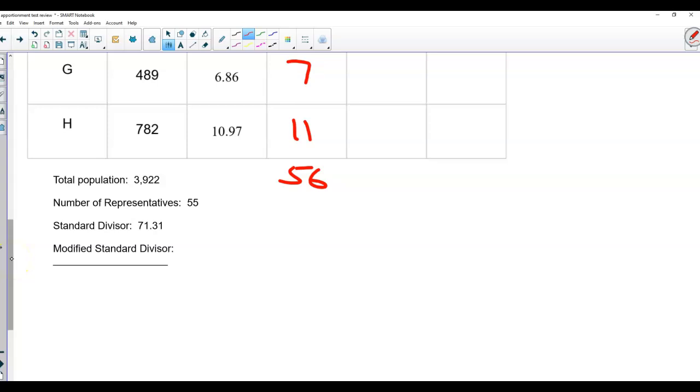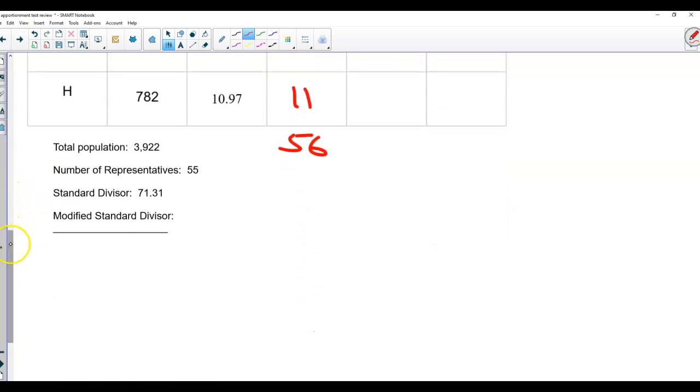Okay? So, 251 divided by 3.49, that's what's going to allow my new standard quota. 251 divided by 3.49 is 71.92.